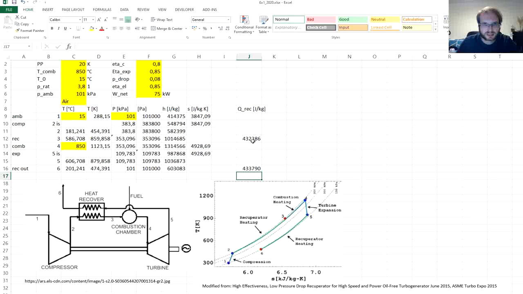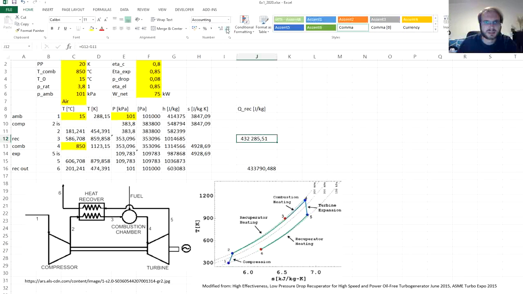and we can see that the values are similar, but actually here from 2 to 3 the amount of heat that the air can intake is actually a little bit smaller. Let's put it like this.